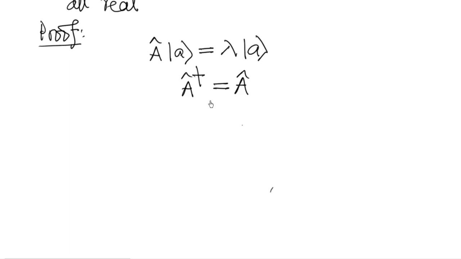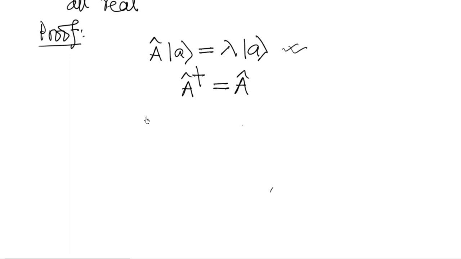Hermitian operators we call self-adjoint. This A dagger equal to A, A is self-adjoint.